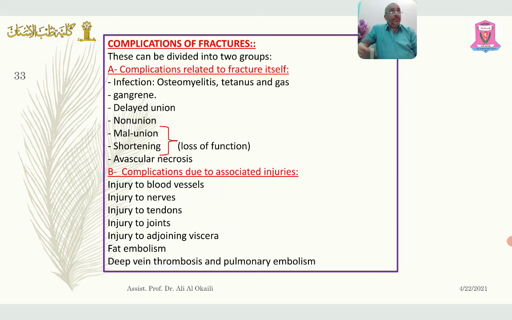Injury to the nerves, بالحالة حتقل الحركة عندنا paralysis. Injury to the tendons, أيضا حتضعف الحركة الأطراف. Injury to the joints, حتصير limited movement للمفاصل. Injury to the adjoining viscera, تمزق للأنسجة الرخوة المجاورة. Fat embolism, deep vein thrombosis and pulmonary embolism.